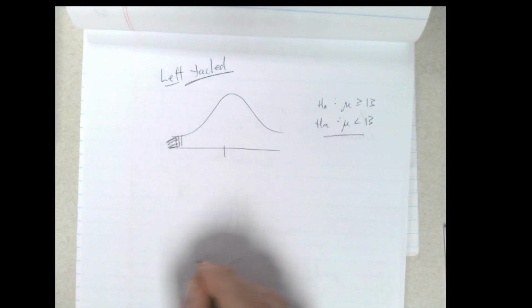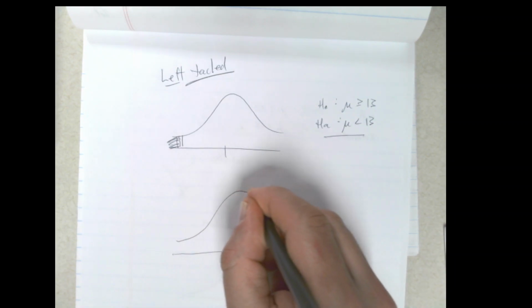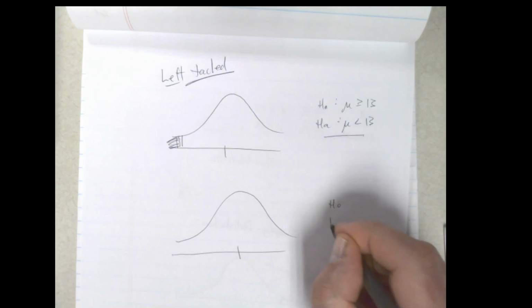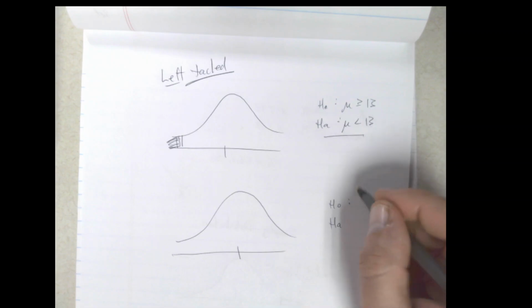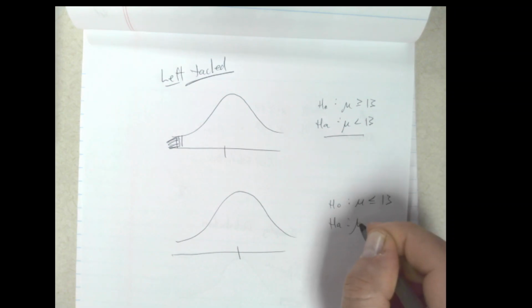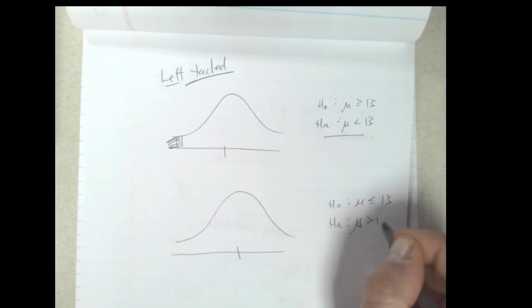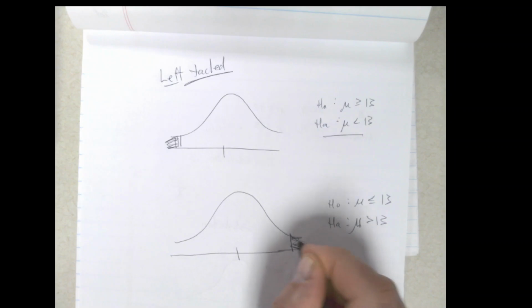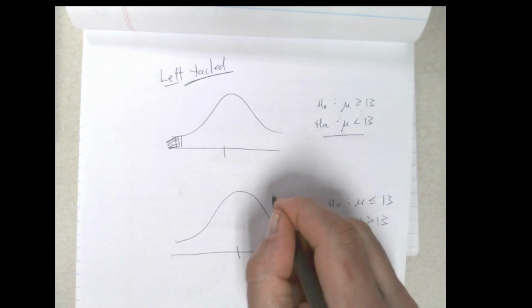So there are two other ones. If H0 goes the other direction, where the mean is less than or equal to 13 and the HA is the mean is greater than 13, that's your critical region, your rejection region. So that's going to be right-tailed.